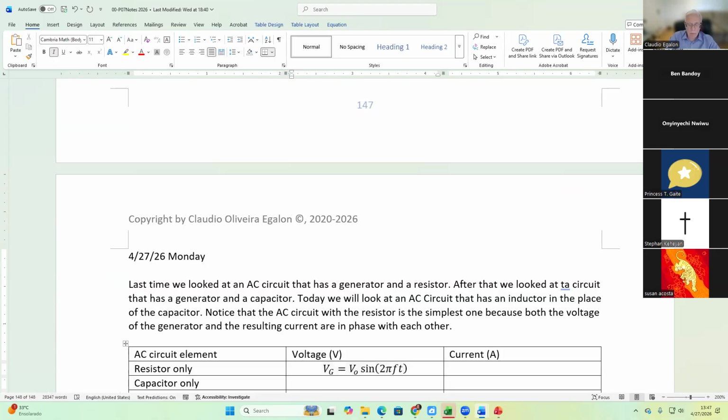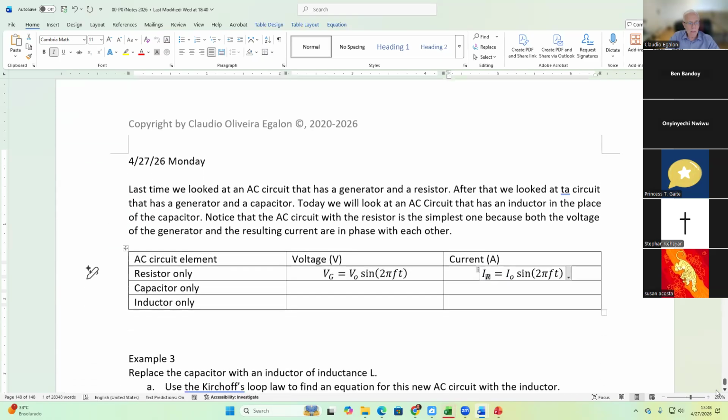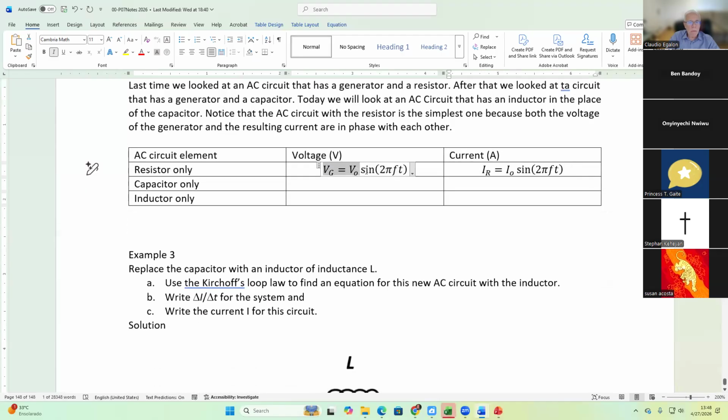I'm going to put a subscript of R, R for resistor, and C for capacitor.